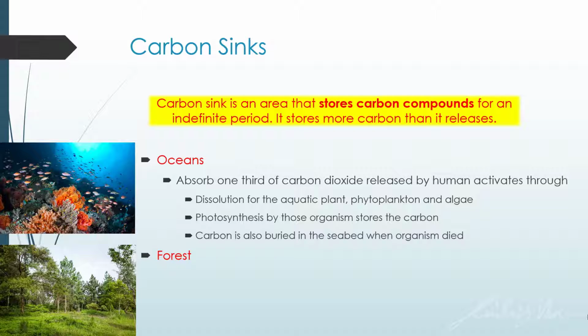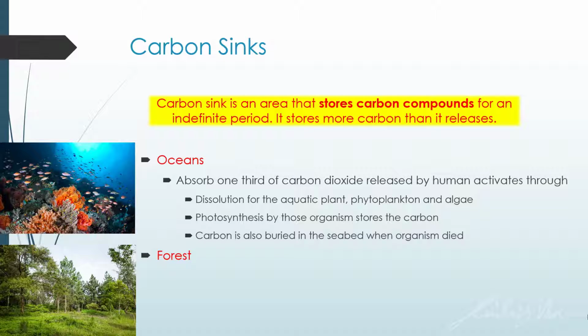And when the ocean organisms die, the carbon gets buried in the sea. So the carbon dioxide is not released into the atmosphere. And this is why we see companies drilling the ocean floor for oil, because carbon in the form of fossil fuels is stored down there.